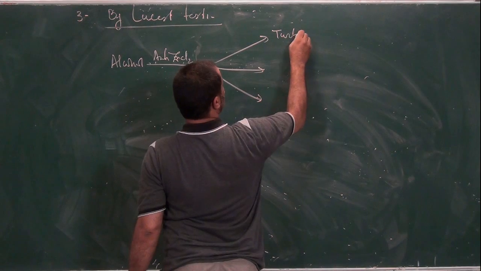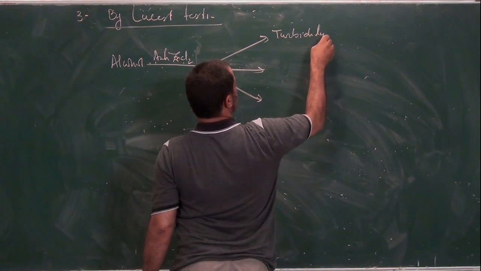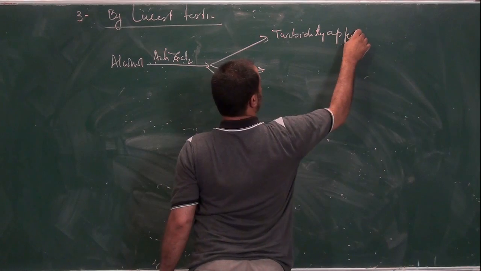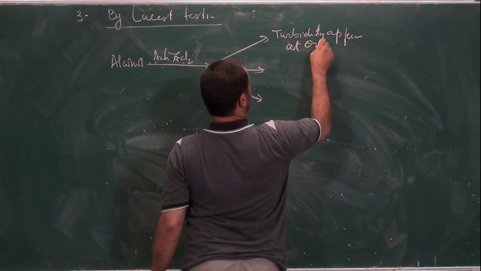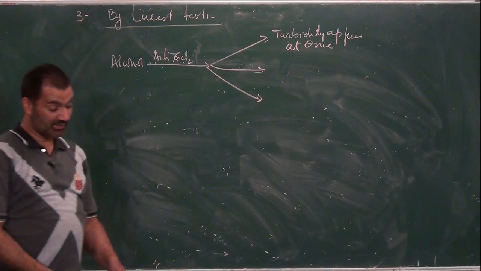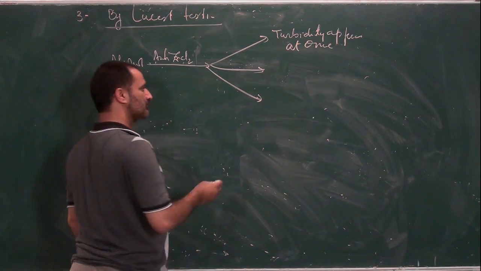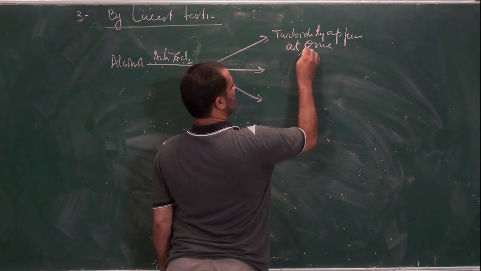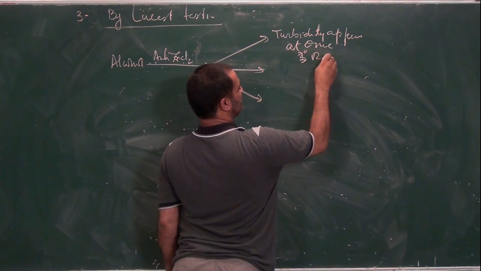Turbidity, that is cloudiness, appears at once. If turbidity appears at once, then the alcohol was tertiary.